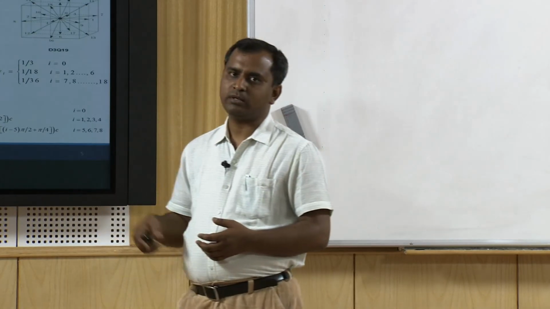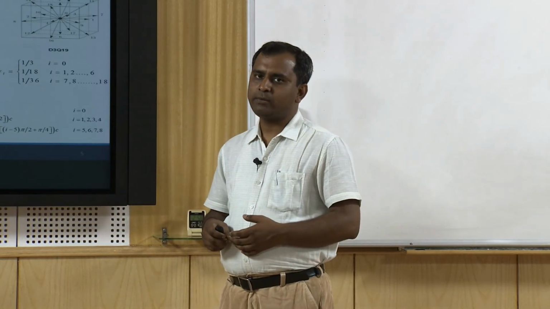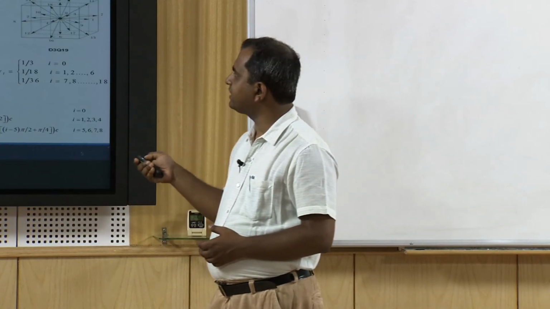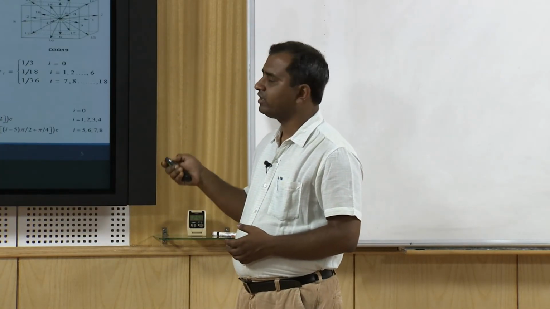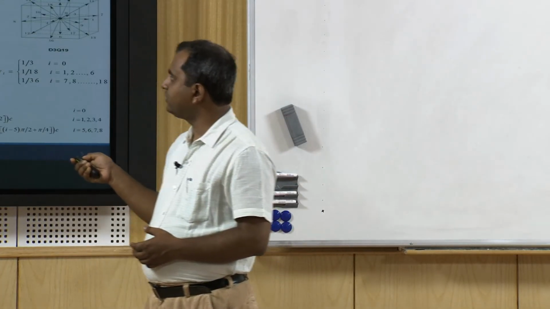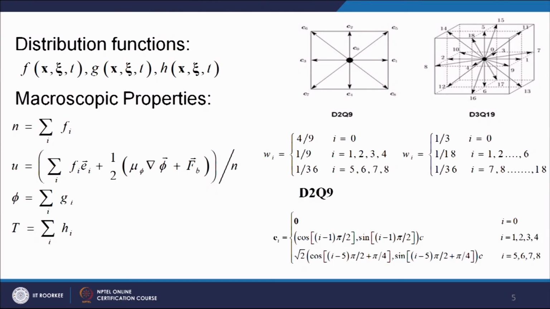N, if you remember, I said is rho L plus rho H by 2. So, the summation of F over all different directions, depending on the lattice structure you have taken, equals n. That means in the D2Q9 structure, if we add all the F's from F0 to F8, we get the macroscopic property n.